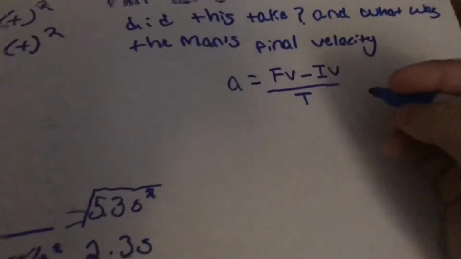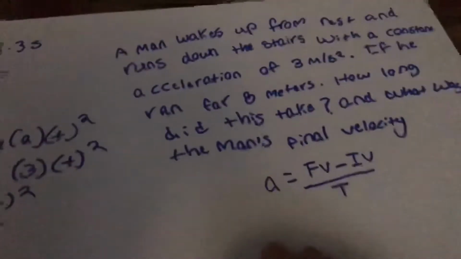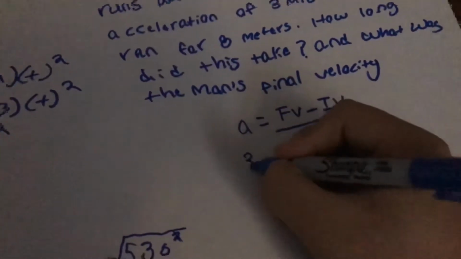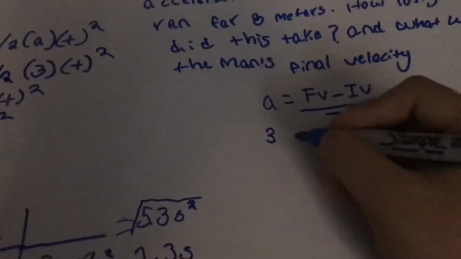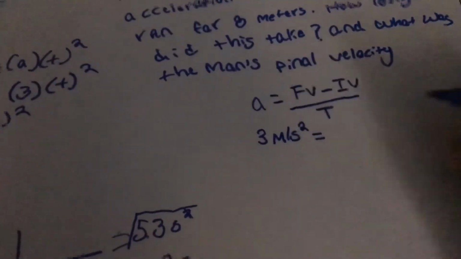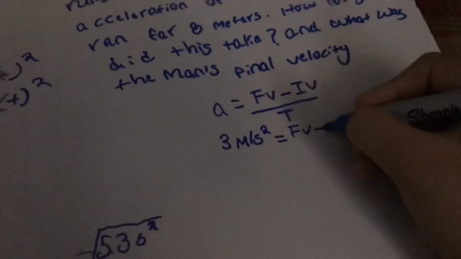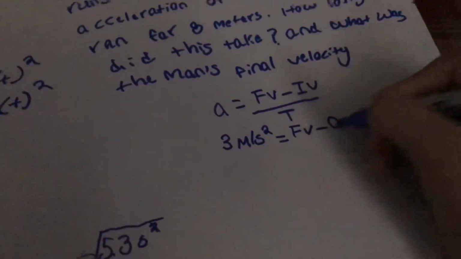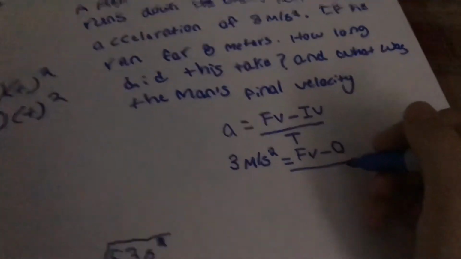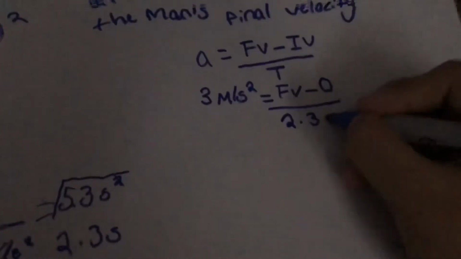So we would plug in what we already know into here. So we know the acceleration, which is 3 meters per second squared, equals, now we don't know the final velocity, so we leave that by itself, minus the initial velocity, which is 0, since he starts at rest, over time, which we just figured out was 2.3 seconds.